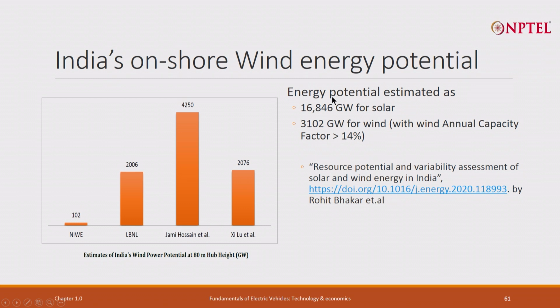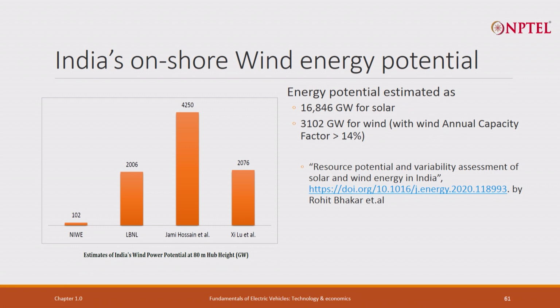Are these reasonable? My feeling is they are a little bit less, actual is more, because I think all these were done when windmills were mostly at 100 meters, now it is 120 meters, you are deploying it higher, solar efficiency has also gone up.